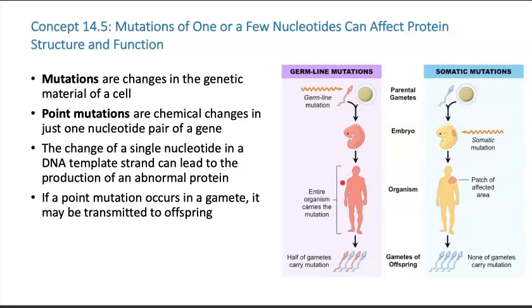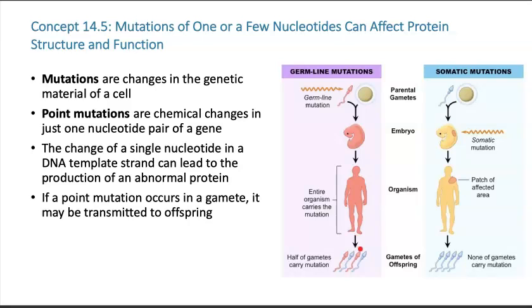And as the embryo develops into a whole organism, it will still be in every cell of that individual's body because the DNA has the mutation, and as cell division, mitosis, has happened, you pass that on.